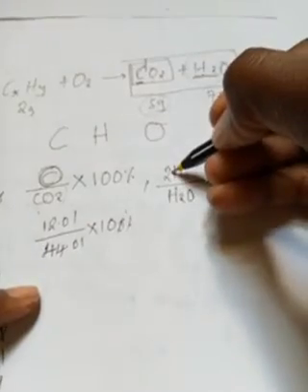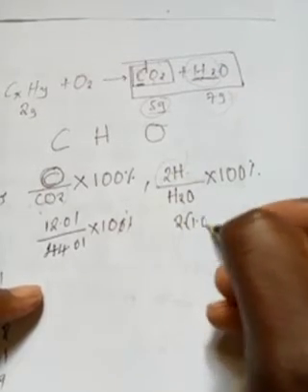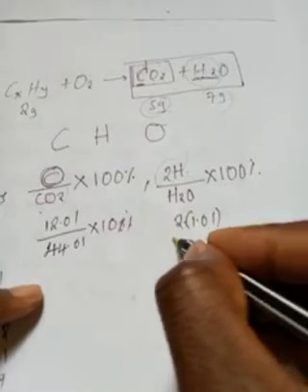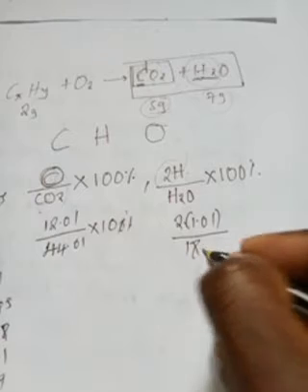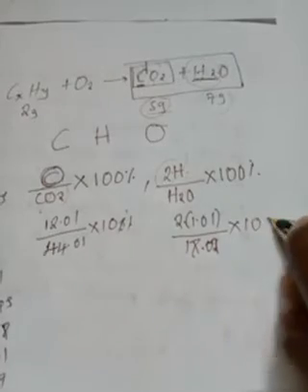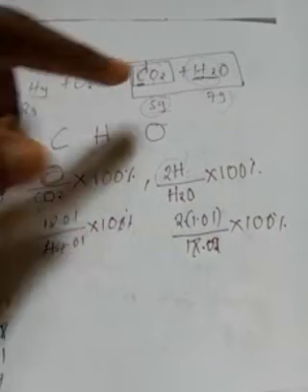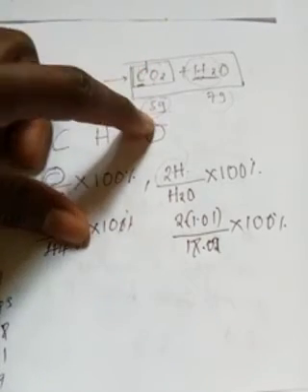You come here, I think this is going to be 2. You multiply this by 1.01 because we are having 2 atoms of hydrogen. You divide by its molar mass, which is 18.02, multiplied by 100%. We are trying to calculate the percentage of every element in each compound produced, so that we can use the same percentage to find the mass.